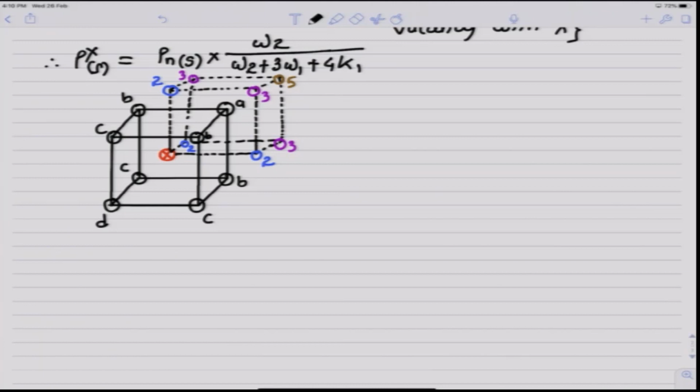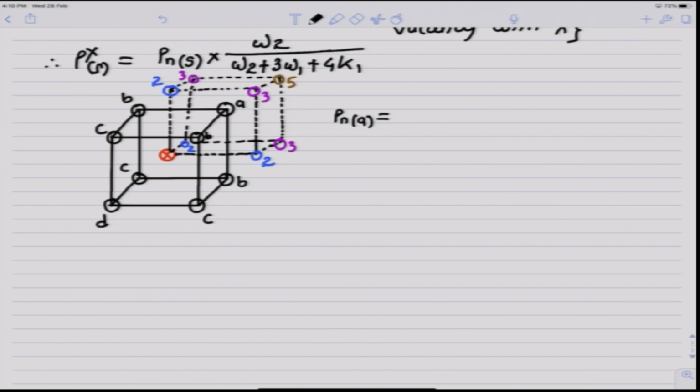I have redrawn the BCC cell here, but now I have also shown all of the nearest neighbor sites of A, because we want to evaluate Pn of A. After n minus 1 jumps, the vacancy should have been on one of these nearest neighbors of A, and on its nth jump the vacancy will exchange with A.